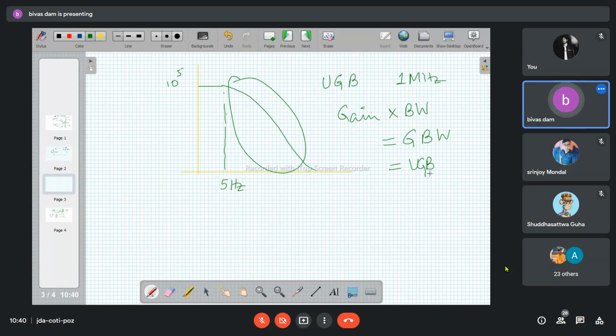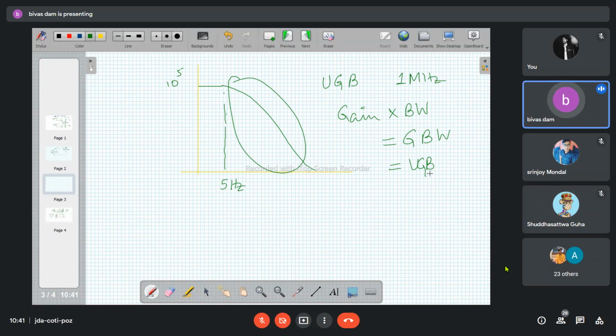So truly speaking, using IC 741, we hardly ever venture for any circuit application beyond 1 kilohertz. Because if you go for 1 kilohertz, the open loop gain will become how much? Of the order of 10? No. If the frequency is 1 kilohertz, then what is the gain bandwidth product? 1 megahertz.